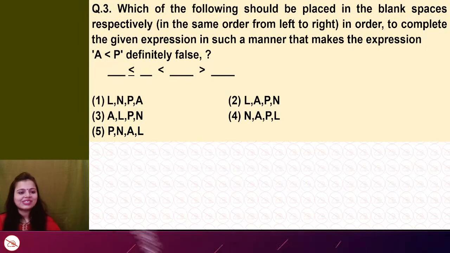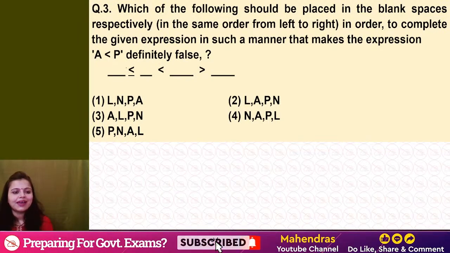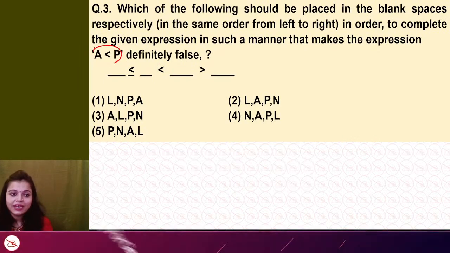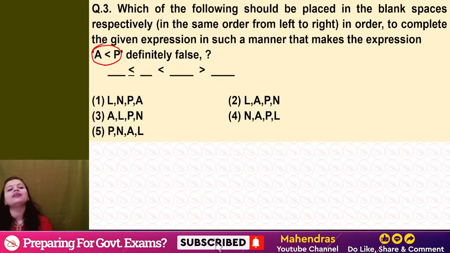Next, now answer this question. In this case, again, the sign is already given. Now you have to choose the correct place for A and P so that A is less than P becomes definitely false.